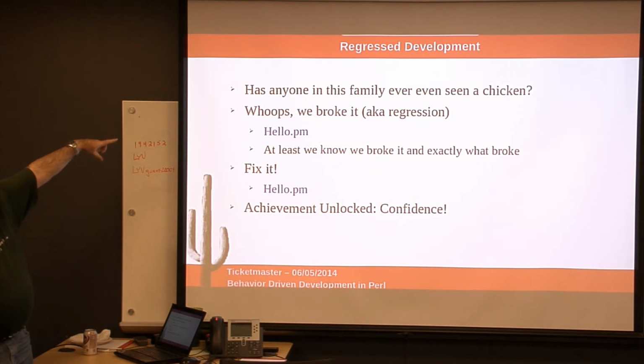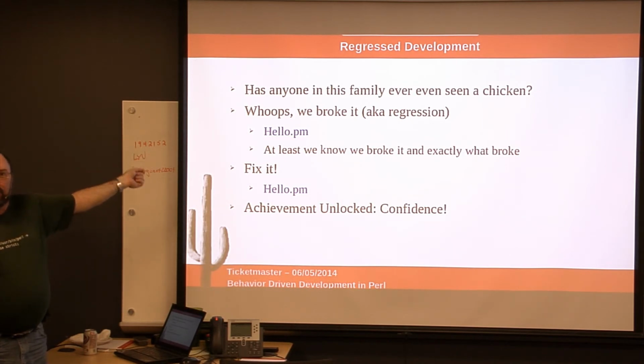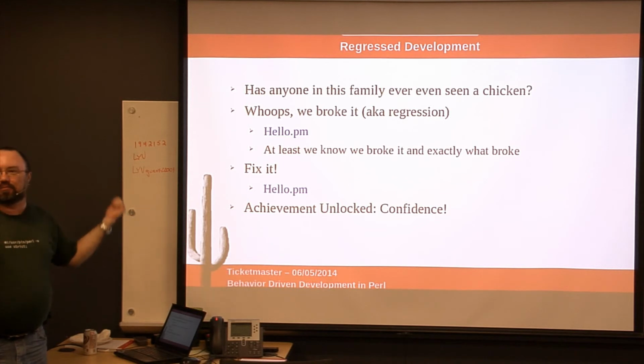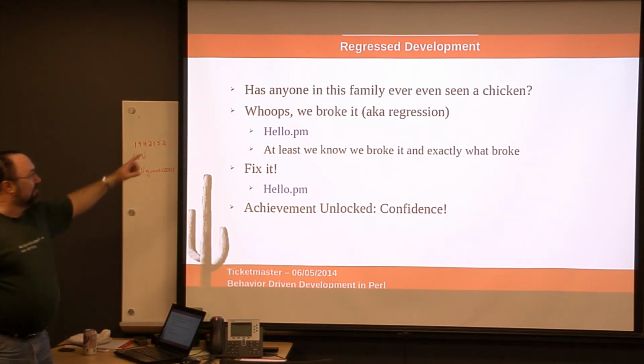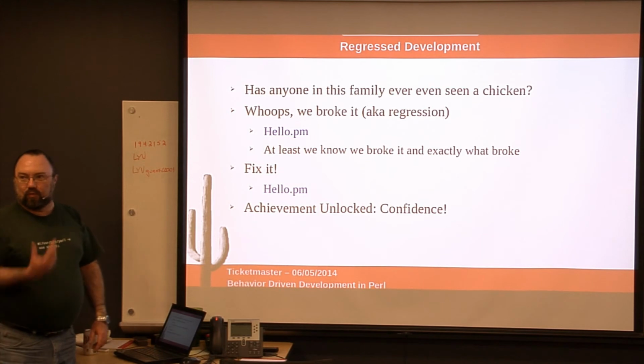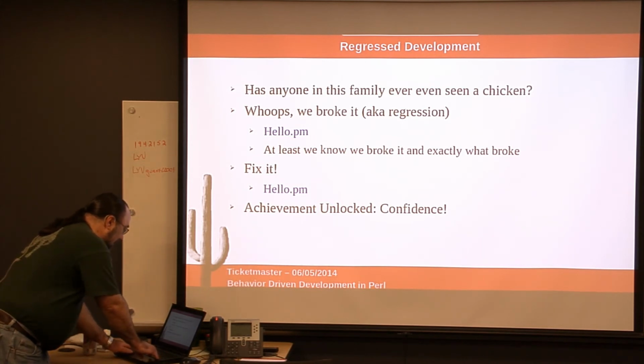Anyway, okay, so basically in doing this, I'm showing the scenario where you code it to the new spec, but you regressed and broke the old spec, which you shouldn't have done. But the good news is, at least we know what we broke and exactly what it is that's broken.